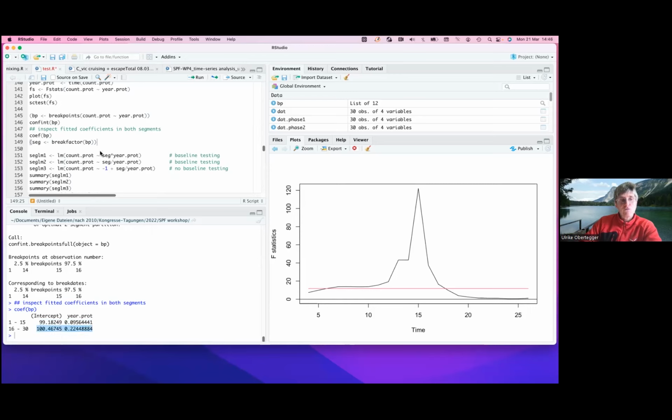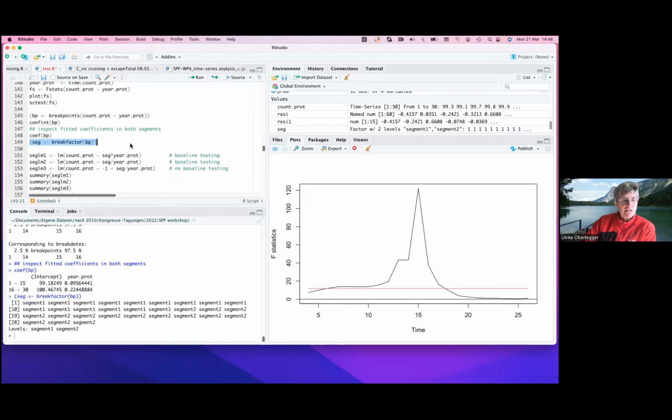Therefore, we have to go back and do linear modeling again. And in order to do so, we have to extract the segment. That means the factor based on the splitting of the data set according to the recognition of the breakpoint. Segment 1 is the data set before the change point, and segment 2 is then the second part based on the indicated change point.